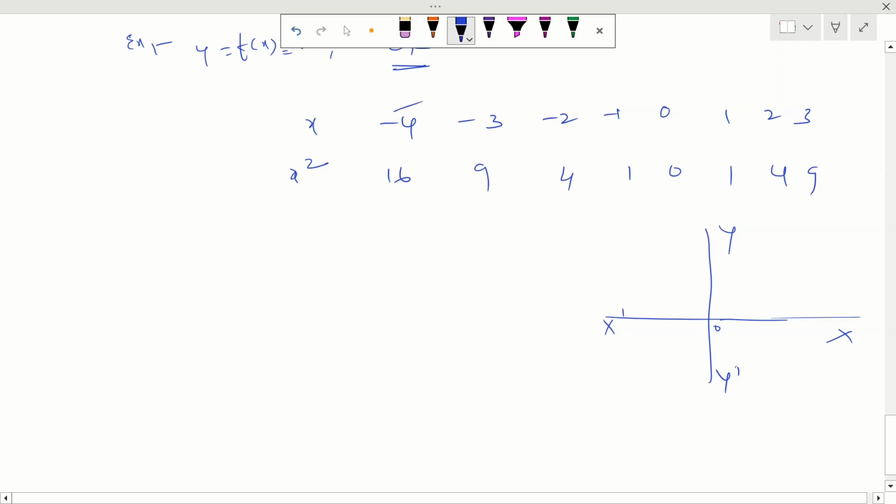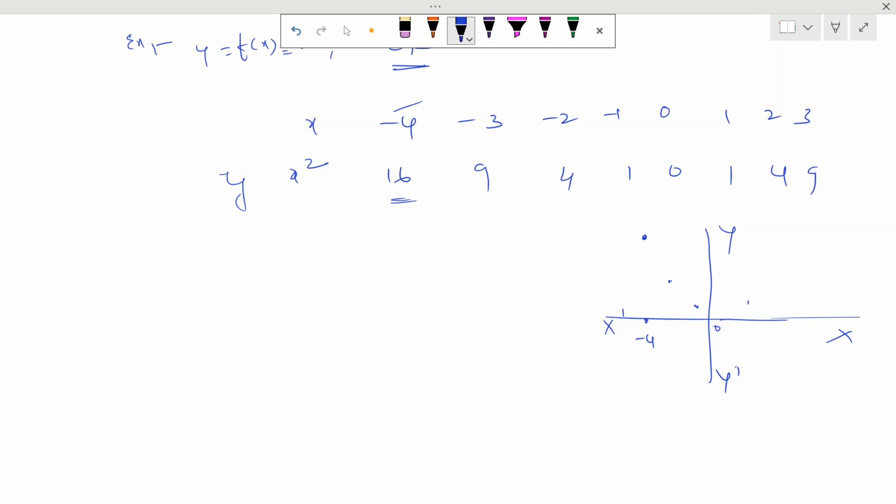If we put minus 4 on the negative axis, then we will get 16 in y. Respectively, 16 will be there for minus 4, minus 3 gives 9, minus 2 gives 4, and for the positive values 1, 4, 9. Like this the graph will be obtained.